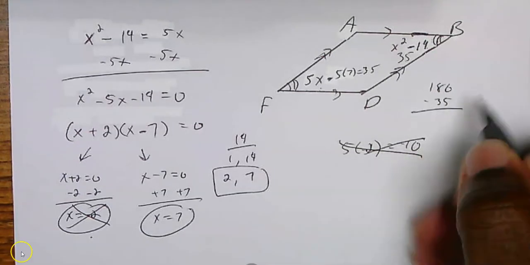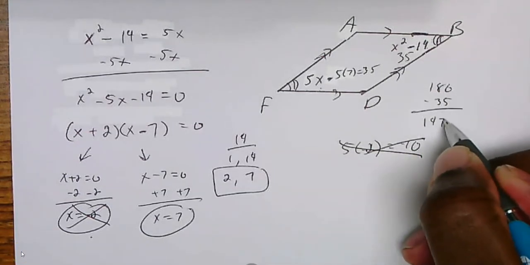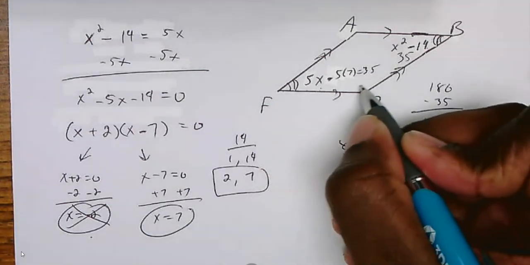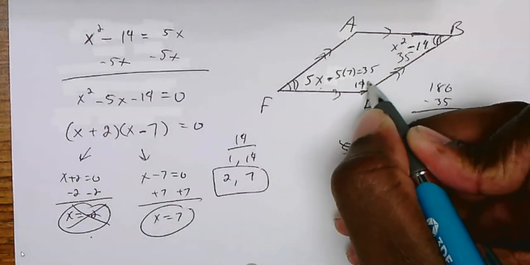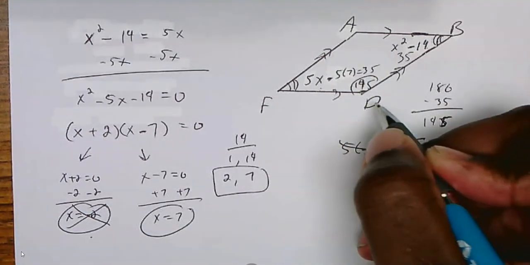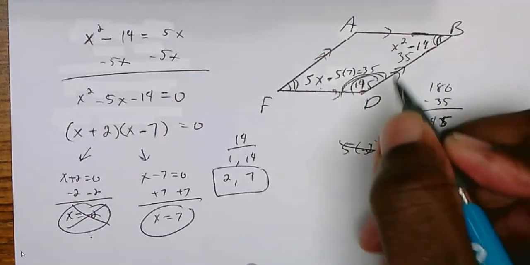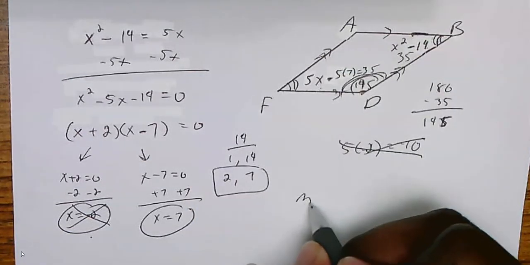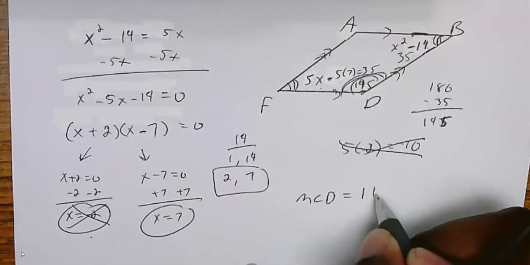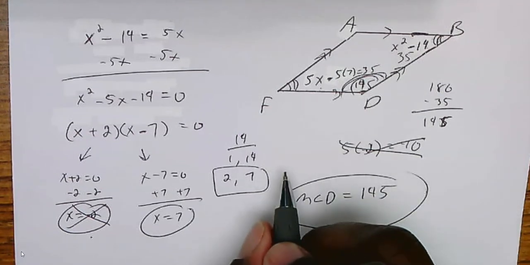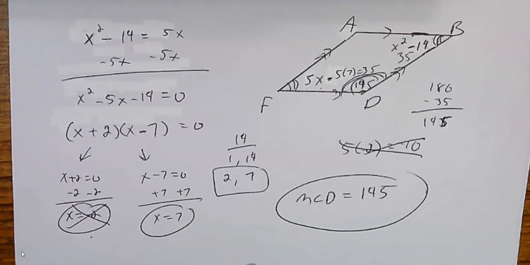So that's 145. So angle D has to be 145. So I know the measure of angle D equals 145. All right, let's do one more.